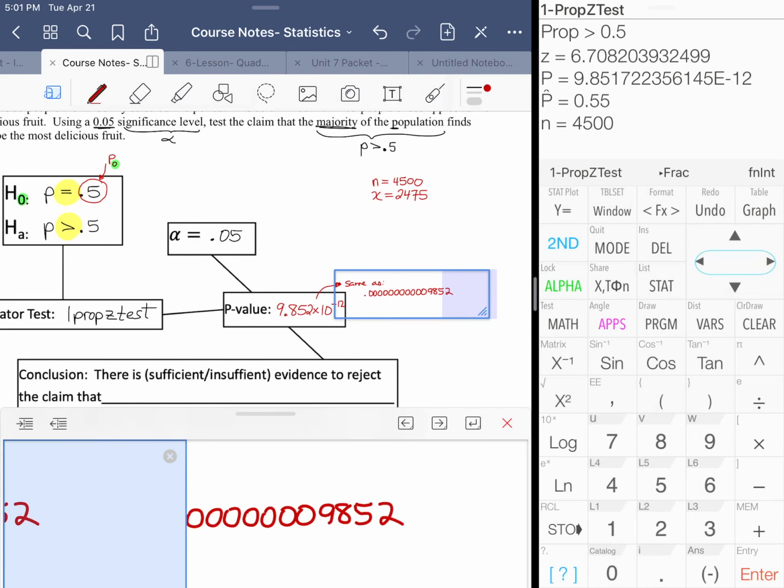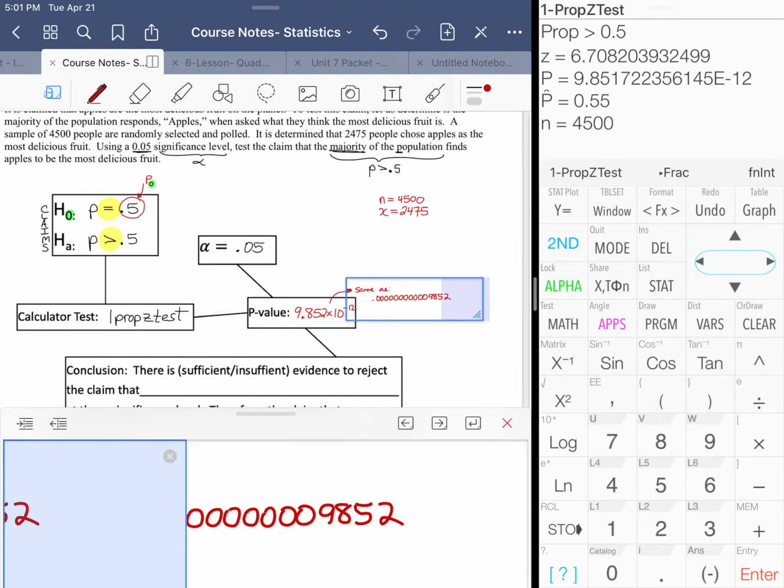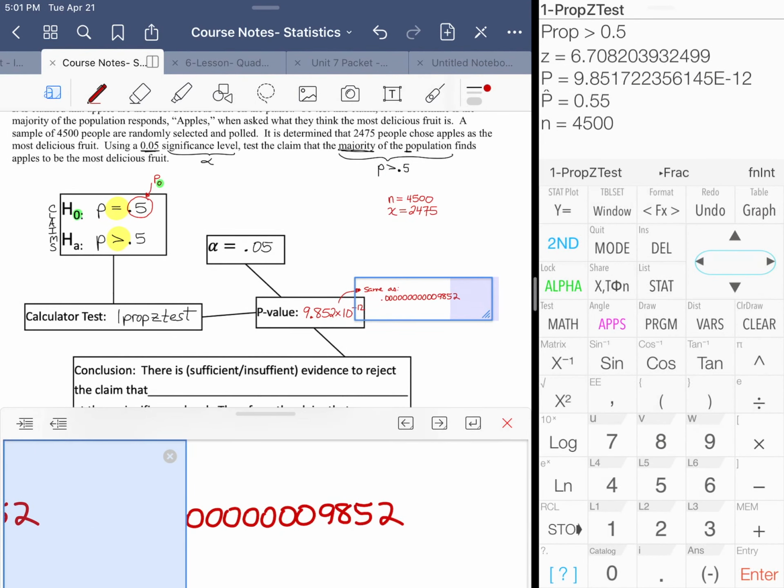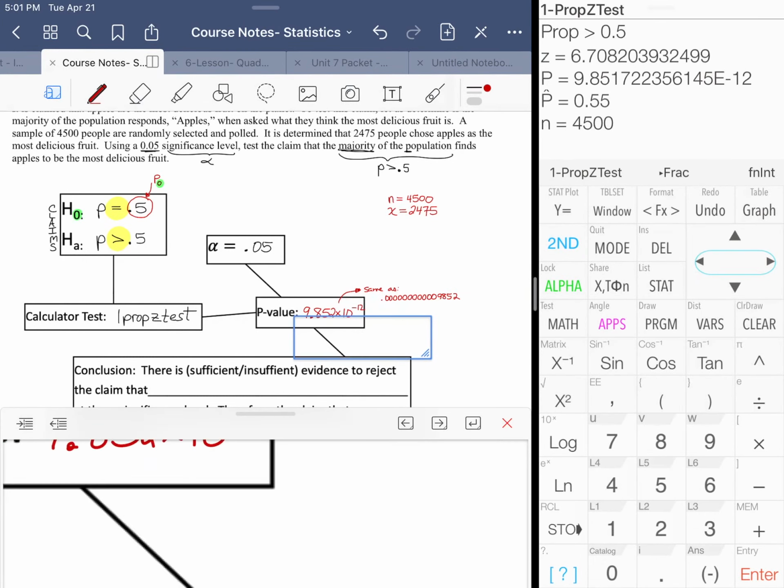So 11 zeros followed by 9852. I wrote that small because I knew it was going to get big. I accidentally started writing it small, so I had to kind of go with it. So, an incredibly small p-value.